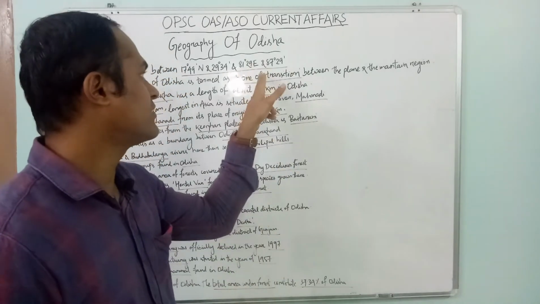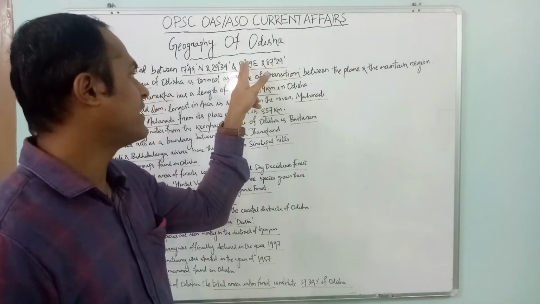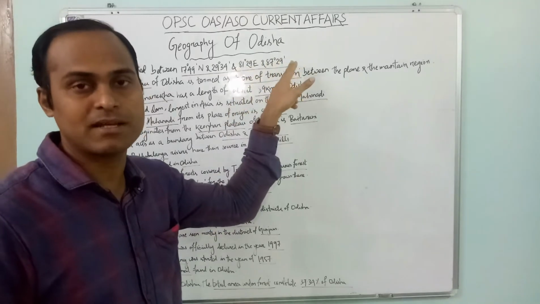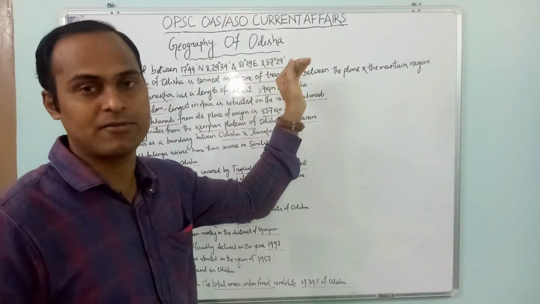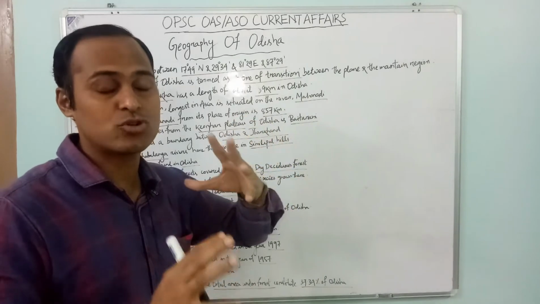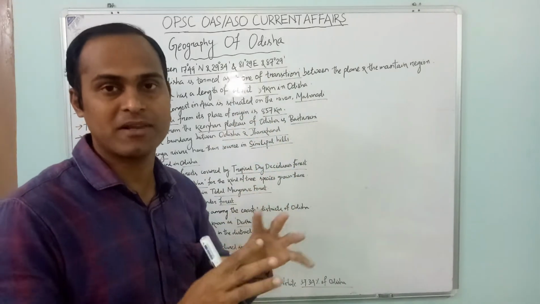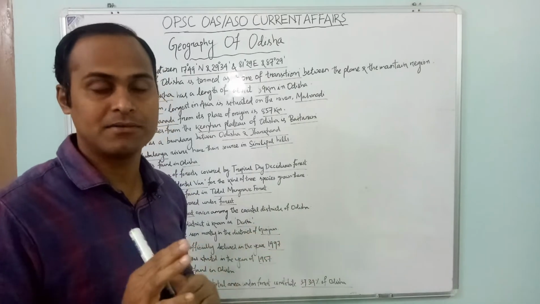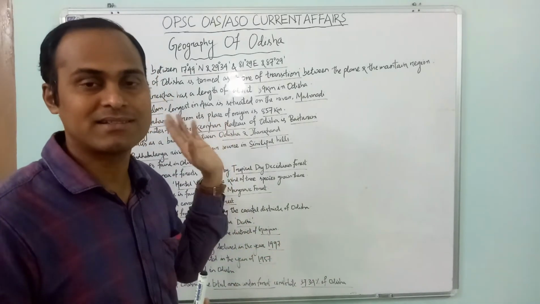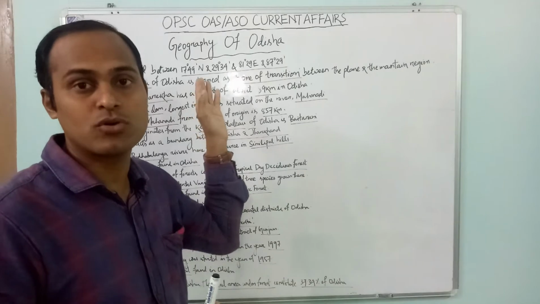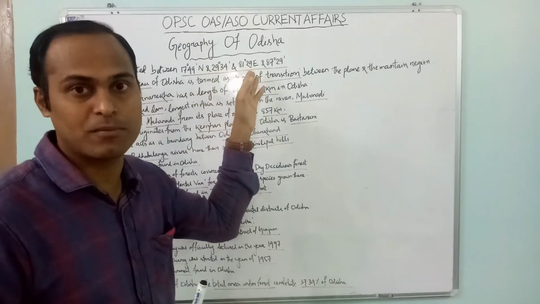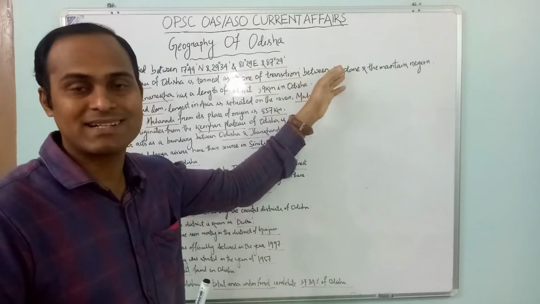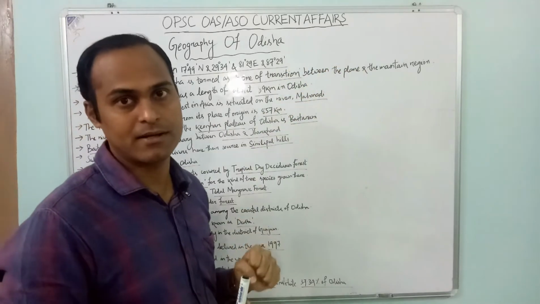See, 29 minute remains the same, from 81 to 87. I try to simplify the fact, because whenever you simplify the fact, it is very easy for you to remember. It is just like this: 17 degree 49 minute to 29 degree 34 minute, and from 81 degree 29 minute to 87 degree 29 minute.